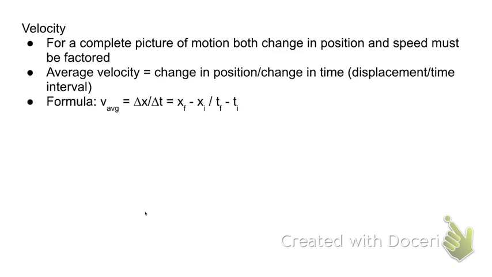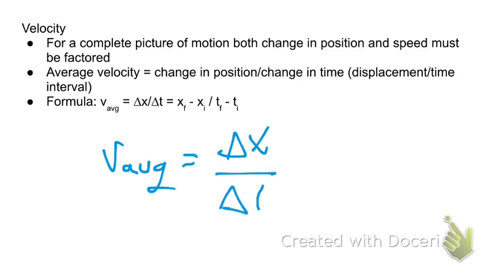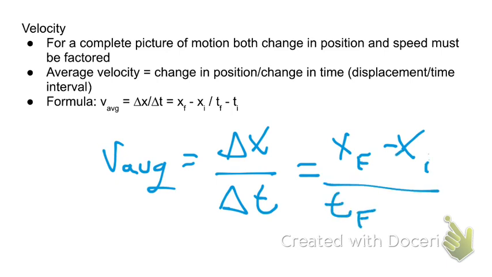You can write that formula out to look like this, or if you would like a version that looks less messy, you would say average velocity is equal to change in position over change in time, which could also be written as final position minus initial position divided by final time minus initial time.